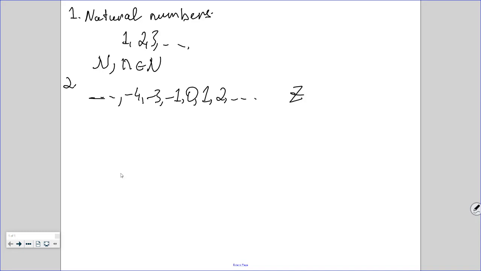We denote the larger number system by rational numbers and call it Q. The rational numbers are the numbers that have the following form: m over n, where m is in Z and n is in Z.